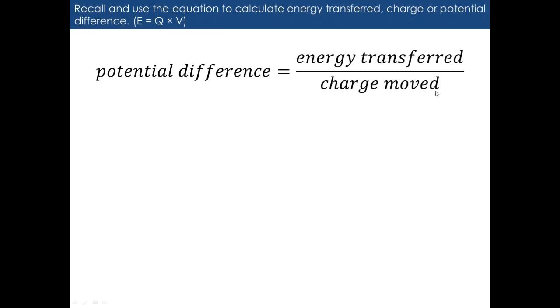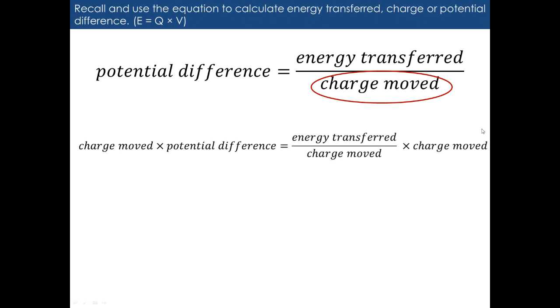In terms of another equation, potential difference is the energy transferred divided by the charge moved. And again, we normally use this in a slightly different way. We make energy transferred the subject, so we need to get rid of this charge moved. We're dividing by charge moved here, so to get rid of it we need to multiply both sides by charge moved.